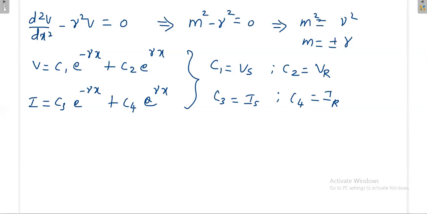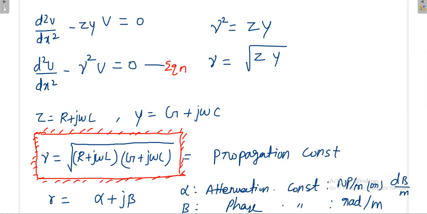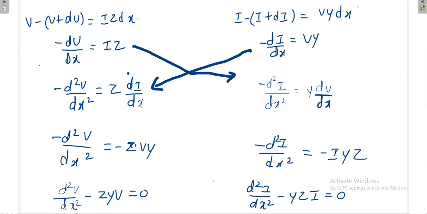Now we have this equation. There is one equation that relates the voltage and the impedance: dV by dx is equal to minus I into Z. From this, if you modify it and write I, then I is equal to minus 1 by Z dV by dx.